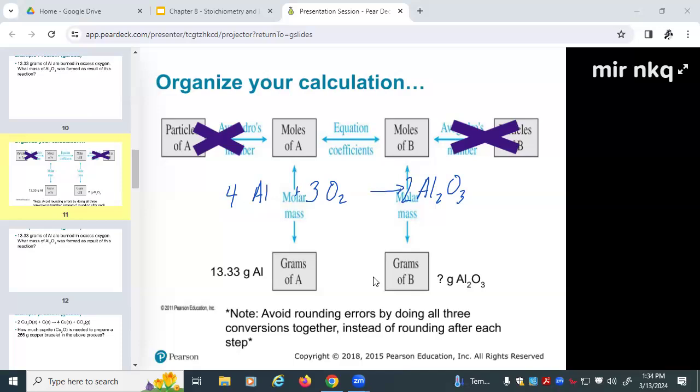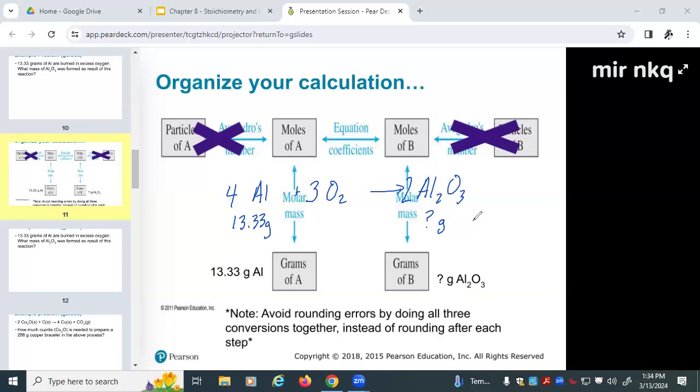Grams of aluminum on the bottom. So I'm going to write that in. Going to tighten it up a little bit here so that it's a little bit easier to see once this mole map goes away. 13.33 grams of aluminum. And ultimately, I'm trying to find the number of grams of aluminum oxide.